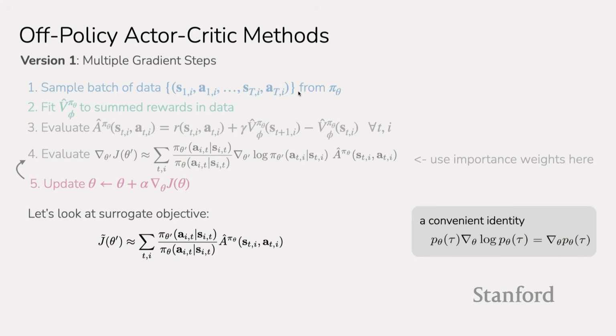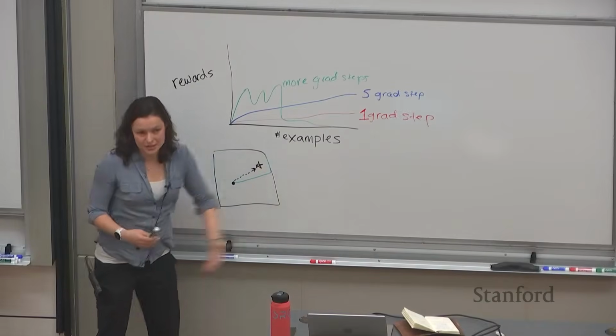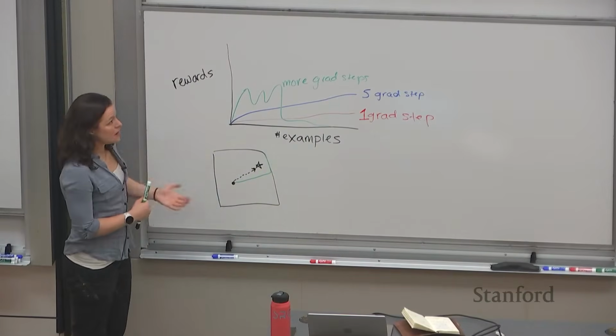And so if you take a lot of gradient steps on this objective, those advantages are only true for the old policy. And they're also only based off of a limited batch of data. And primarily because they were based off of the old policy, after you've taken 50 gradient steps or 100 gradient steps, they become out of date.